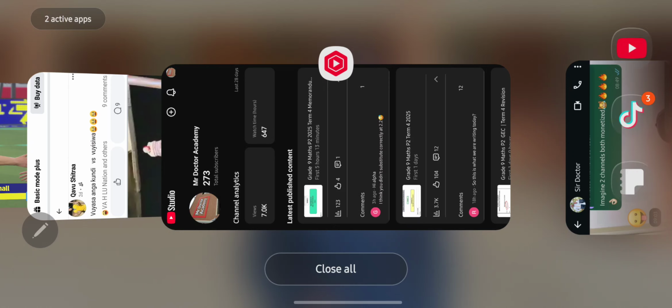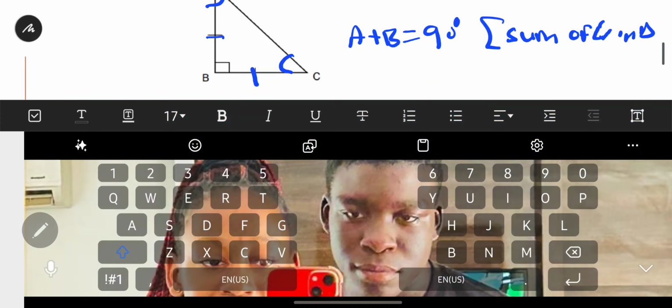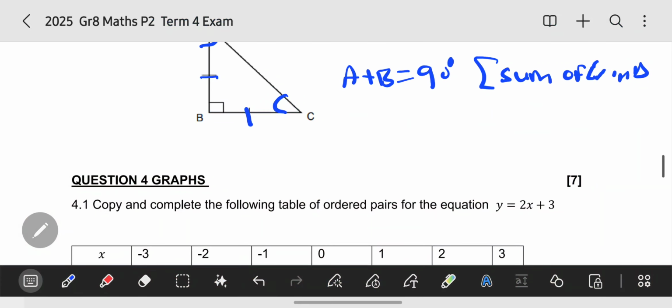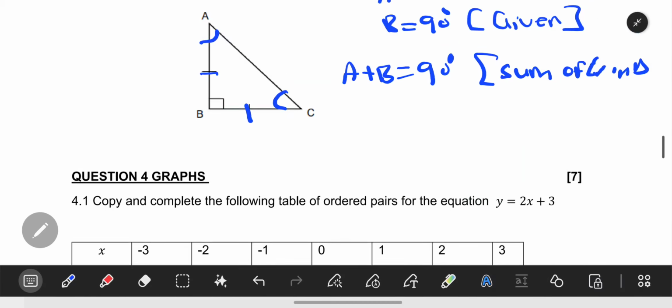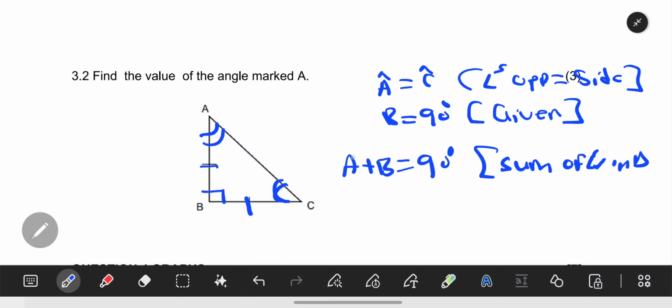Because if here it's 90, it means that the sum of these two is going to give us 90. And we know that angle A and C are equal. So therefore angle A is going to be 90 divided by 2, which is 45 degrees.